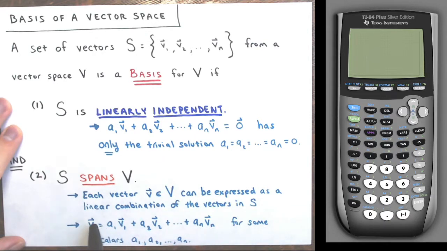I should be able to take any vector in the vector space and write it as a linear combination of the vectors from S.